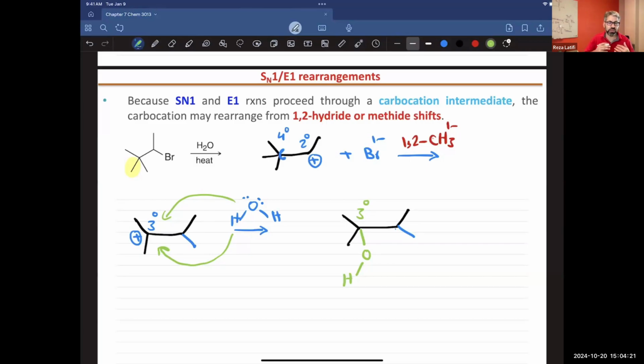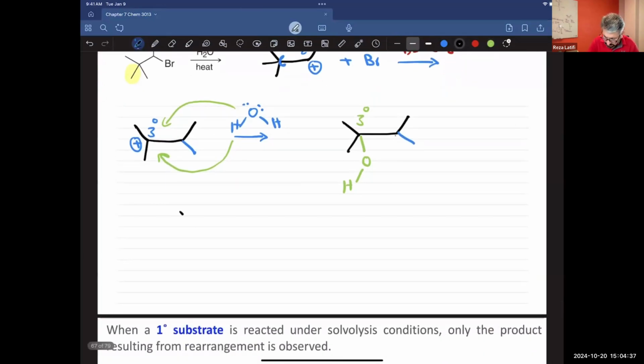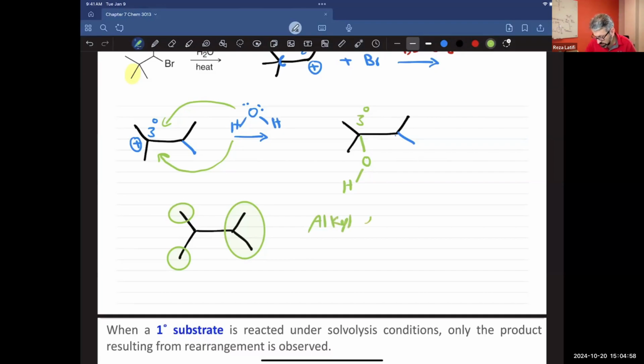Why more stable? Because you have more electron-donating groups attached to the carbon with a positive charge. In this case, you have an isopropyl, a methyl, and another methyl, and those are alkyl groups.